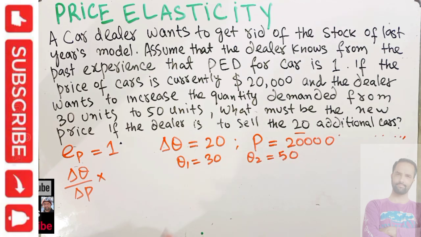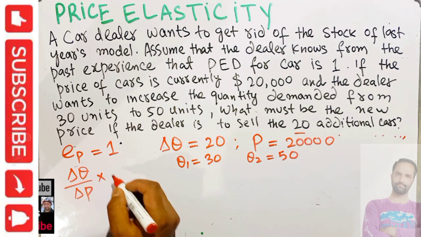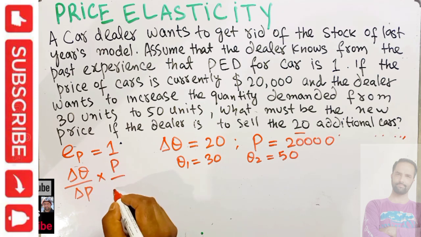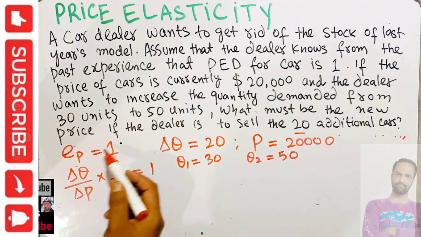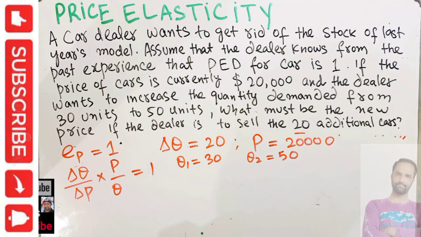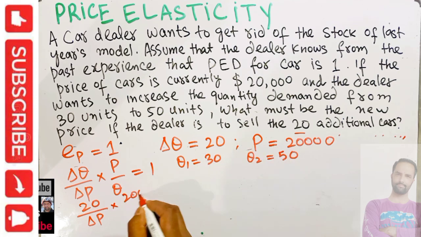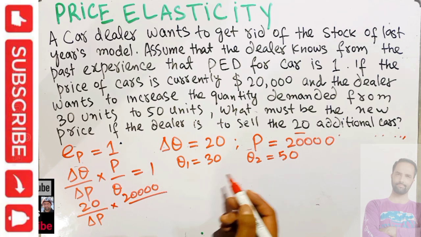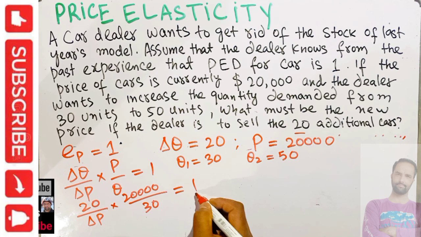So this is our initial quantity. Price elasticity of demand is simply change in quantity upon change in price, into initial price upon initial quantity, and it should be equal to 1. Now change in quantity demanded is 20, so I can write 20. Change in price, which we need to find out, into our initial price of $20,000, upon our initial quantity, which was 30. It all should be equal to 1.